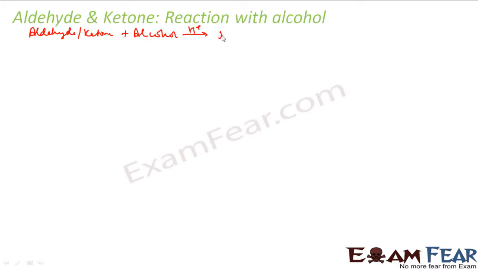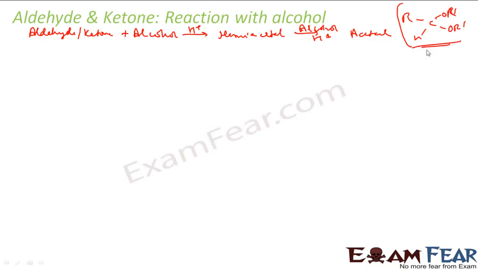Actually, it forms hemiacetals, and then it reacts with more alcohol to form acetals. Acetals are of the form R, C, let's suppose H here, OR dash. This is called acetals. It can be R also here. So if you have the OR dash form, it's called acetals.